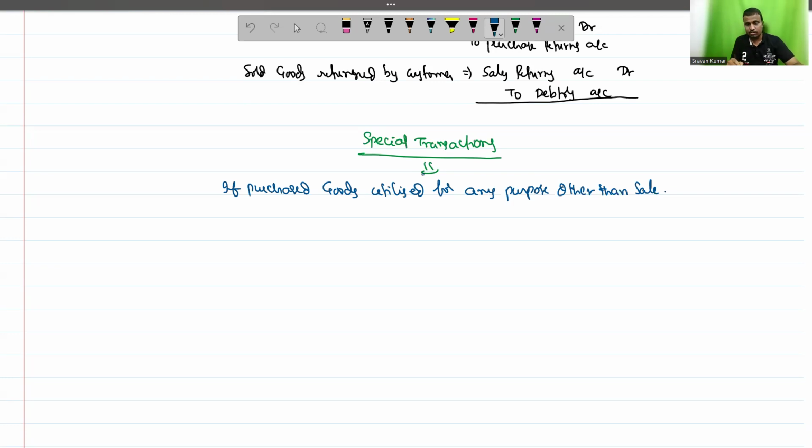the word purchases account. But if the purchased goods are utilized for any purpose other than sale, what does that mean?